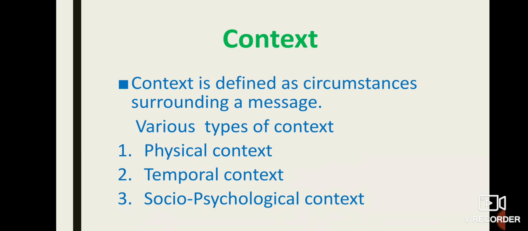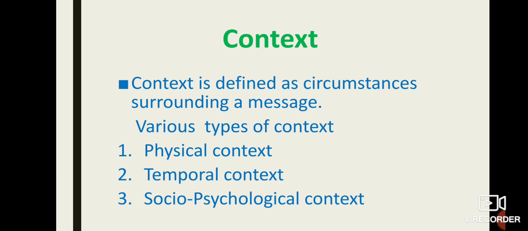Context is defined as the circumstances surrounding a message. Context is simply the environment in which your message is delivered. There are three types of context: physical context, temporal context, and socio-psychological context. In physical context, physical locations, time of day, the noise level, the weather, etc. are very important.